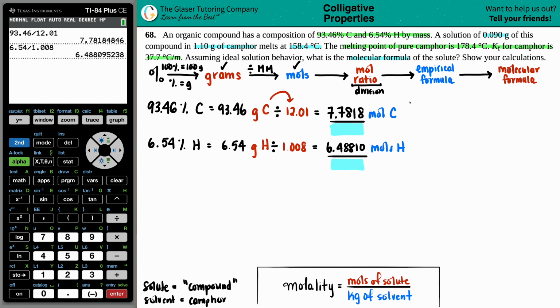It's the lowest ratio. So to find your mole ratio, you're going to divide by the smallest number. I have to look between 7.7818 and 6.48810 and divide by the lower number. 6.48810 is the lower number, so we're going to divide by that for both numbers.